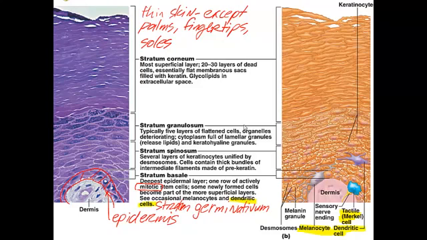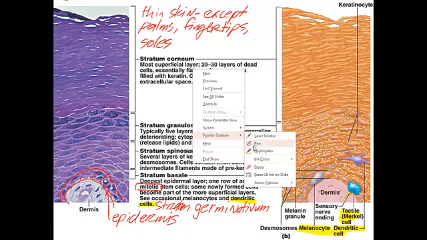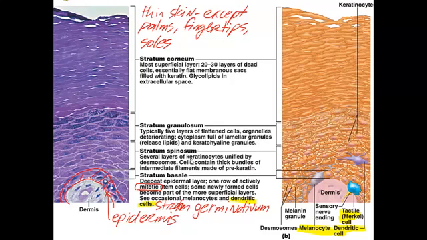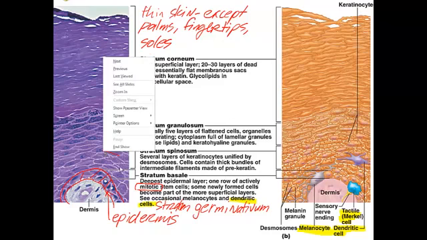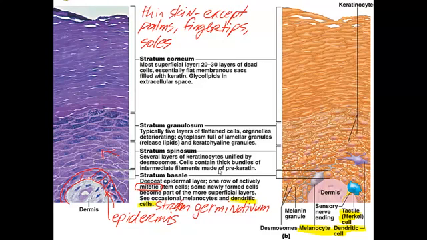So the stratum spinosum is going to be the next more superficial layer. And in this case, we have intermediate filaments that are going to be produced, which kind of gives this the spiky appearance that it has. So, for example, you see intermediate filaments, little proteins that are found here. Then the stratum granulosum is going to be where the process of keratinization begins.